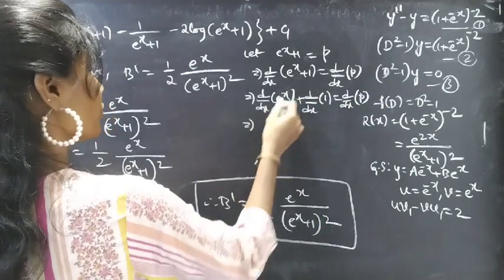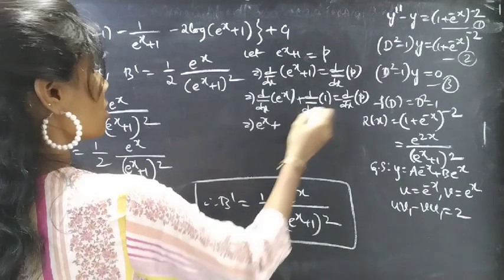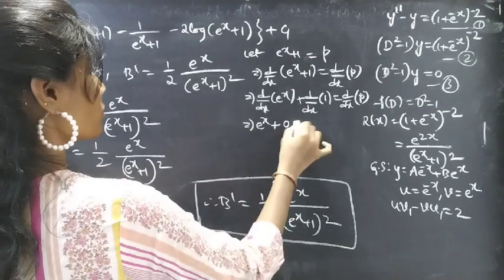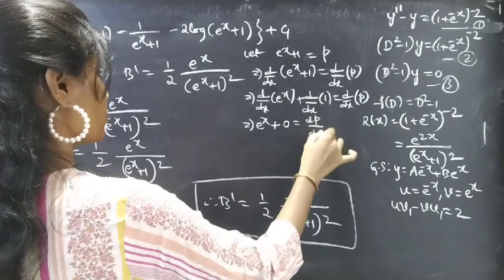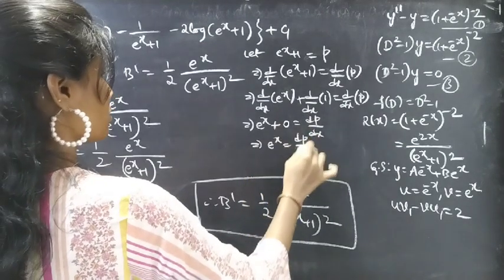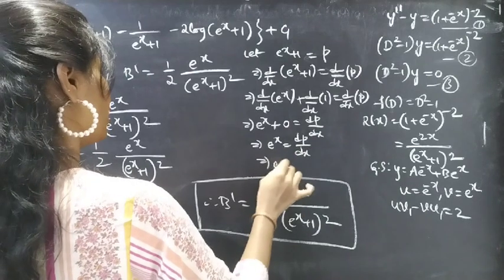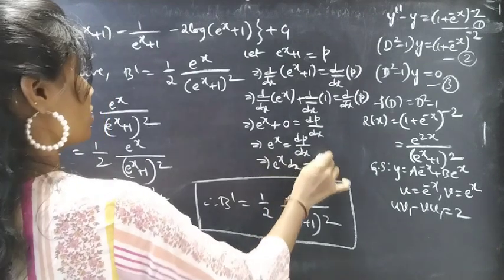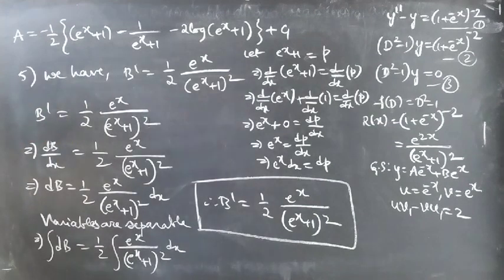We will get the derivative of e power x with respect to x is e power x, plus the derivative of the constant with respect to x is 0, equal to dp by dx. From this we will get e power x equal to dp by dx. Right? Again, this gives us e power x dx equals dp. Now we can replace e power x dx with dp, and e power x plus 1 can be replaced with p.